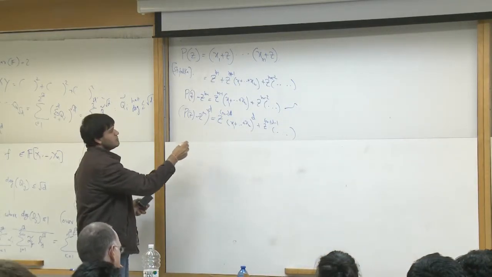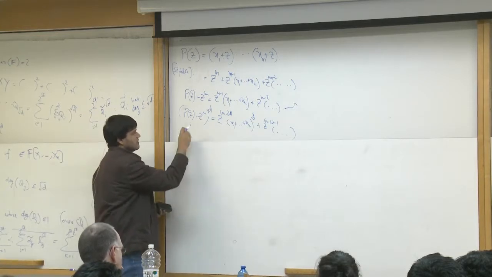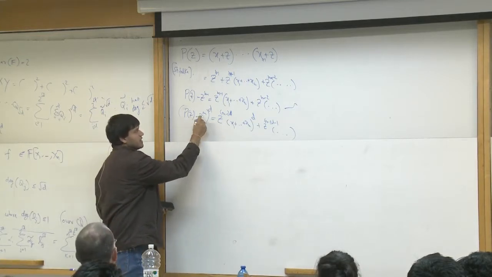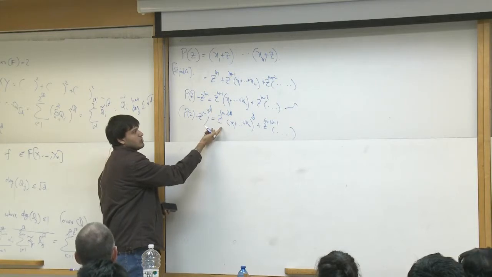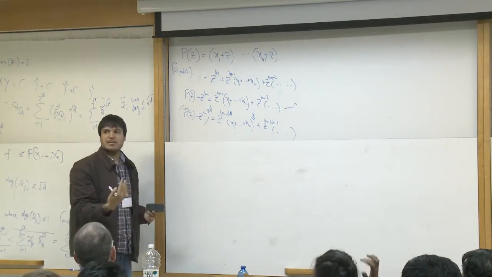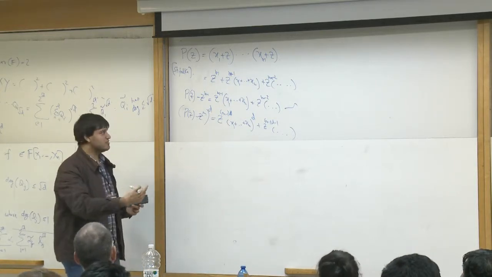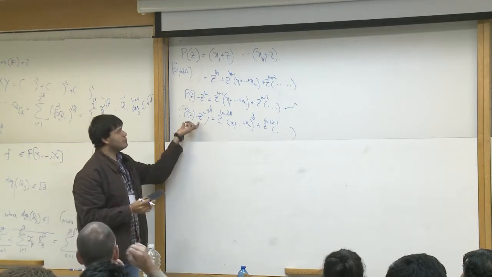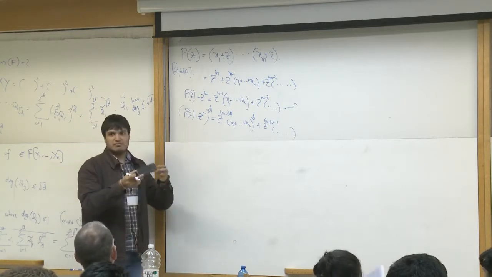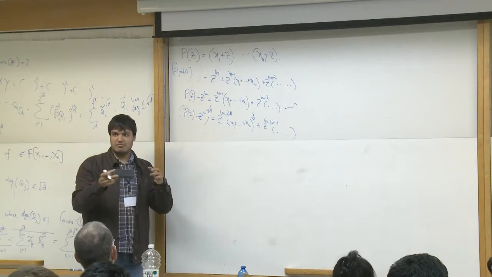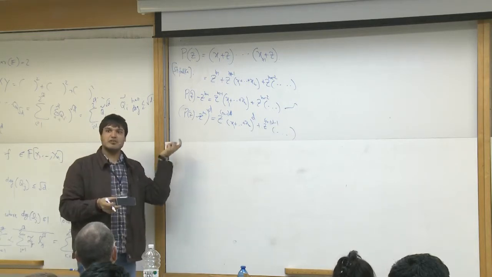What we know is that any coefficient of a univariate polynomial can always be expressed as a linear combination of the evaluations of the polynomial at at least d plus 1 distinct points, where d is the degree of the polynomial.